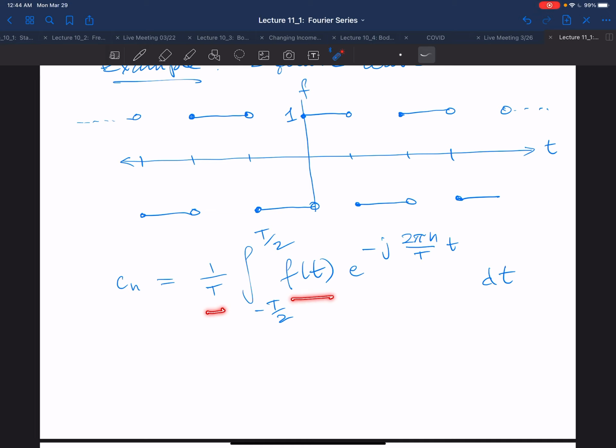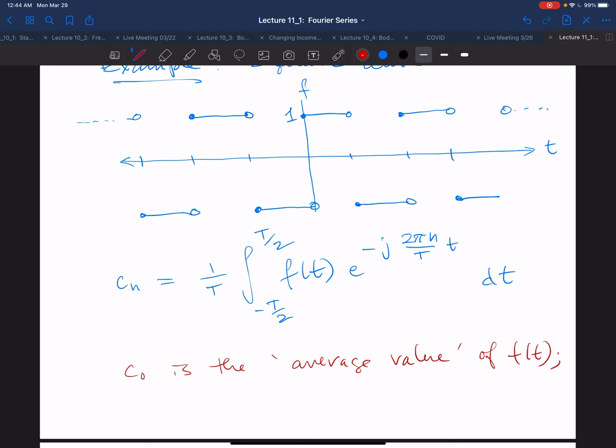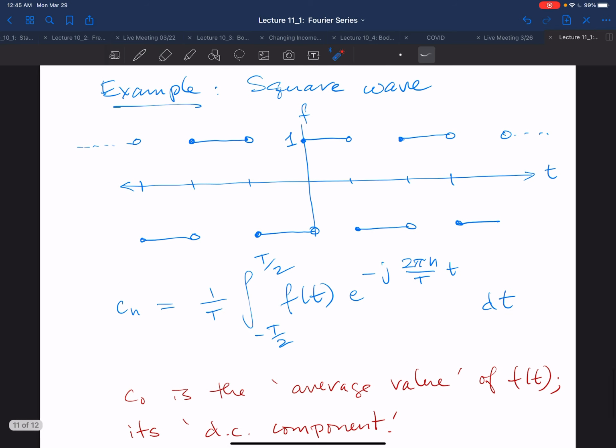So C sub 0 is just the average value of the signal. And in electrical engineering, at least, we would call this average value its DC component, direct current component. It's the constant component of the signal. And if we look at our square wave, it's pretty clear that its average value is indeed 0. So it makes sense that we find C sub 0 equals 0.